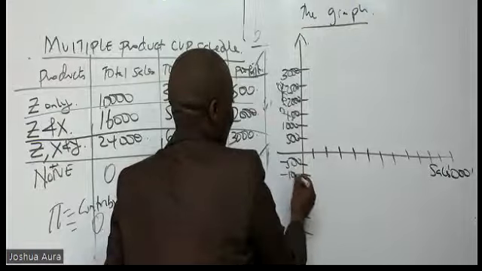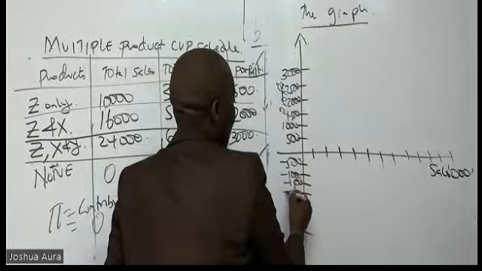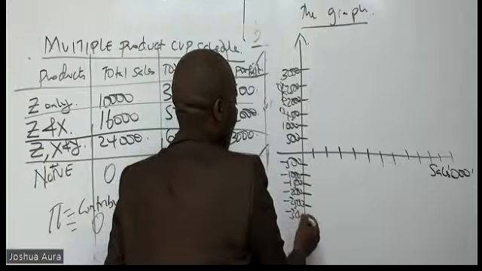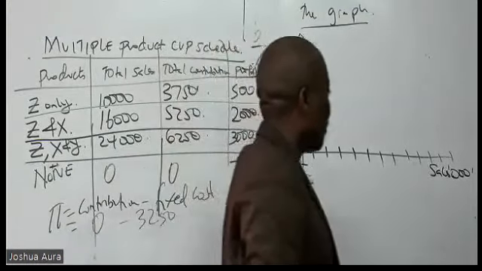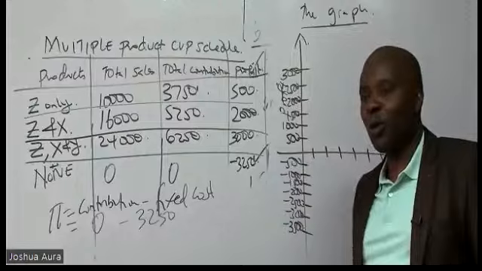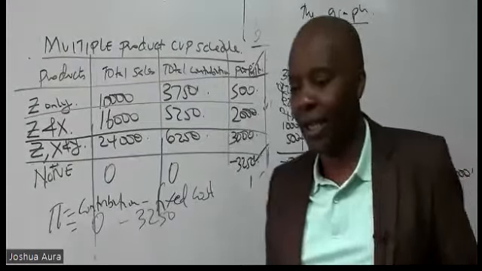Minus 500, minus 1,000, minus 1,500, minus 2,000, minus 2,500, minus 3,000, and then we have minus 3,500 like that. Great.